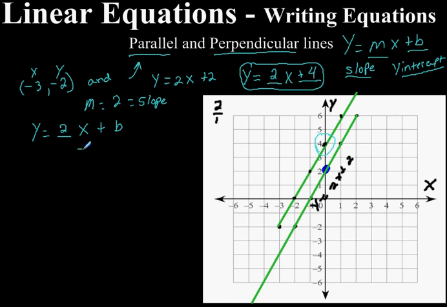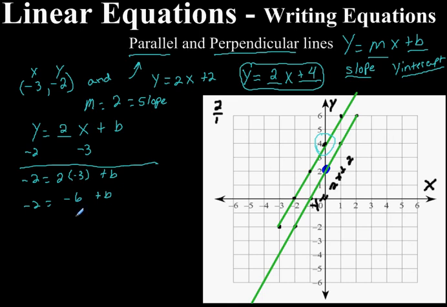So here's our x, -3. Here's our y, -2. All right, let's rewrite the equation with these new numbers. -2 is equal to 2 times -3 plus b. 2 times -3 is -6, equals -2, and bring down the plus b.